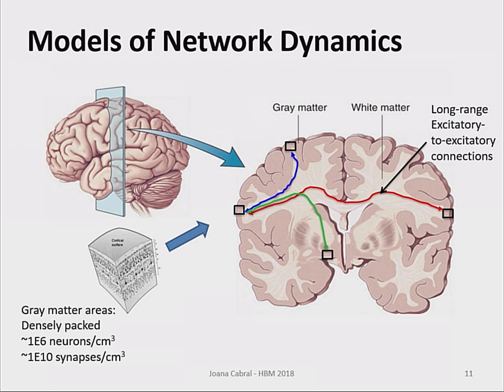So in general, these models of network dynamics, we can consider that each node is composed of gray matter. So there are gray matter nodes that are connected via long-range excitatory links. So each node is actually composed of a lot of neurons. And it's densely packed, it has a lot of synapses, and the idea is to model the node dynamics as a dynamical unit, a dynamical system.